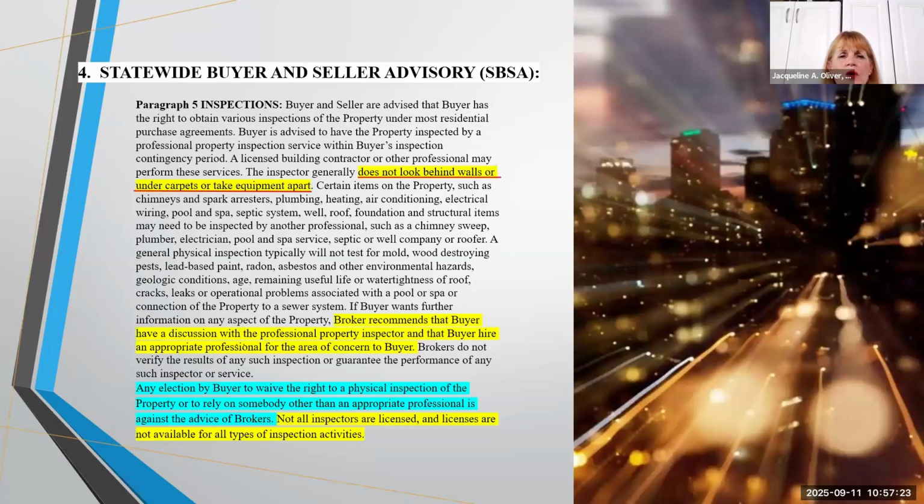Okay, these are some issues I want to point out on the SBSA. I've highlighted them. The inspector does not look behind walls, under carpets, or take equipment apart. I've already mentioned that. They don't go under the house or anything, unless, well, sometimes they do. They may have to have an inspection by, for example, a chimney sweep.